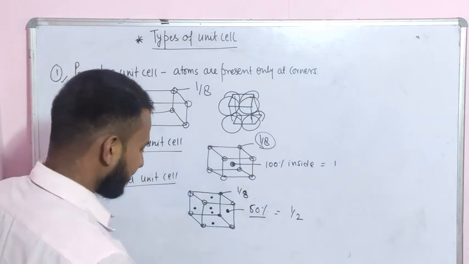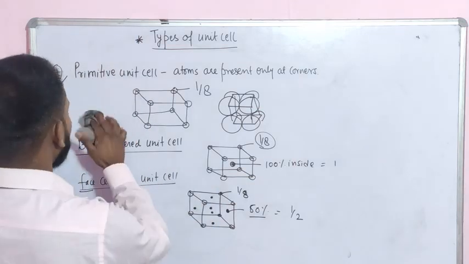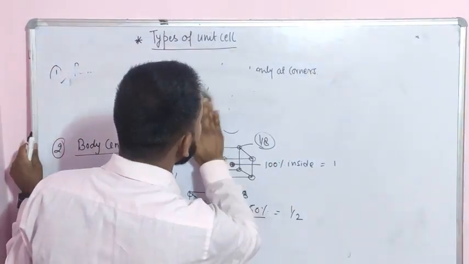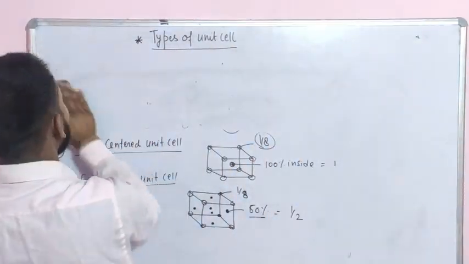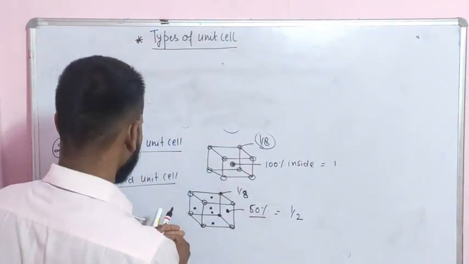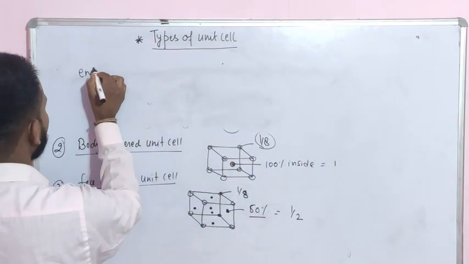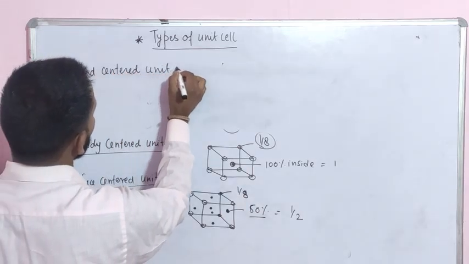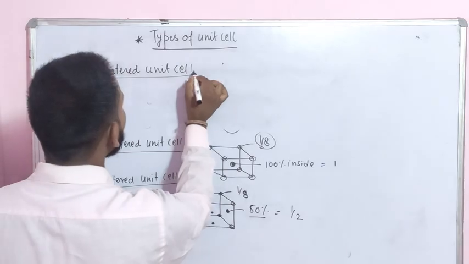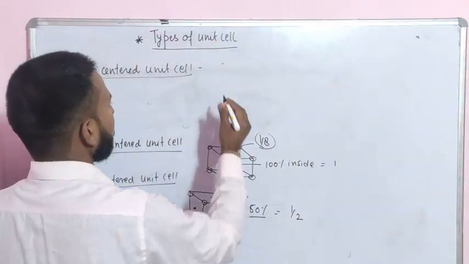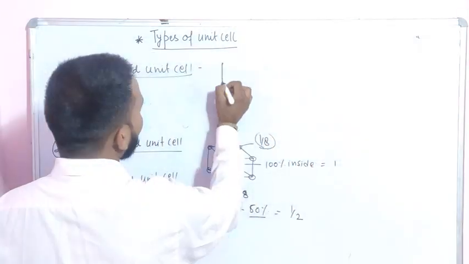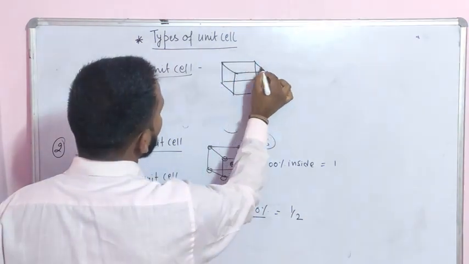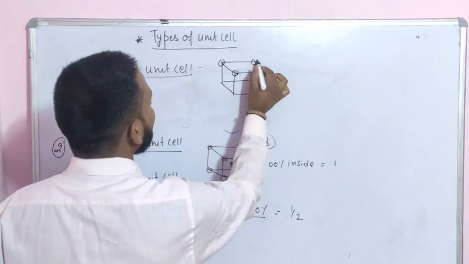So next, which is very important, the last one is end centered. The last one is end centered. So in end centered, what is the condition? End centered unit cell. Okay, in case of end centered, students, suppose there is any cubical unit cell, this is a simple cube, atoms are present at corners.